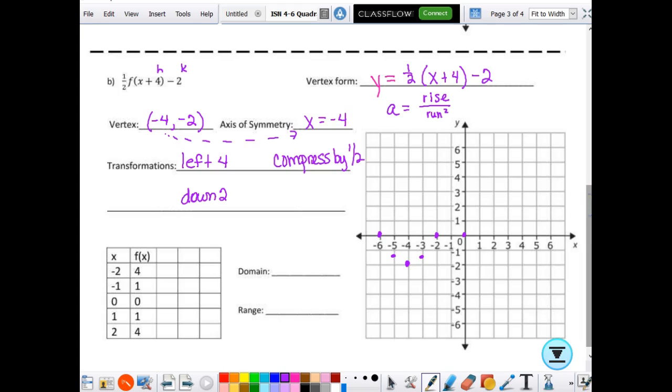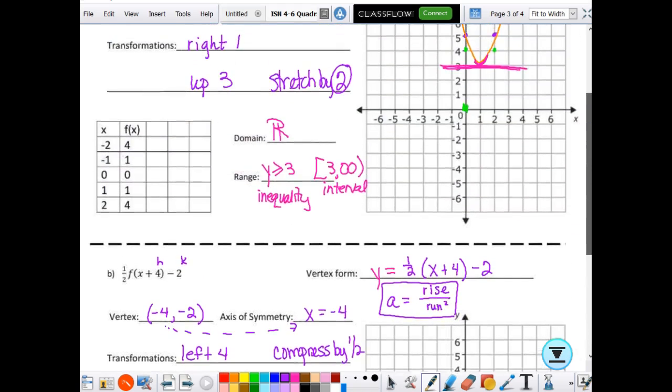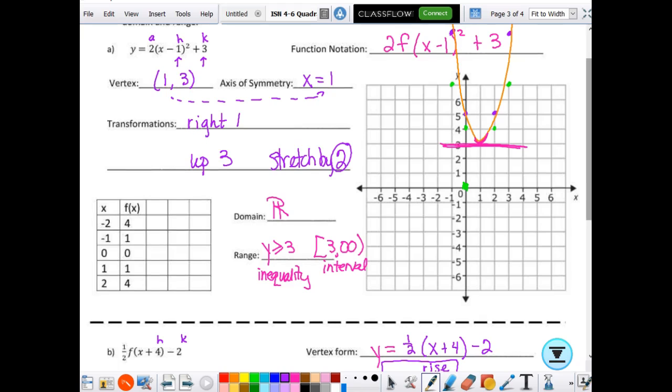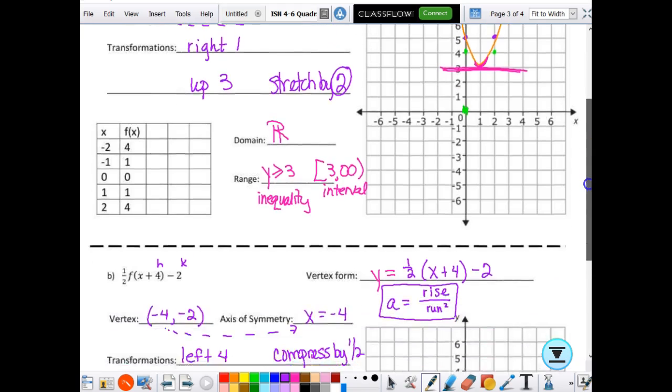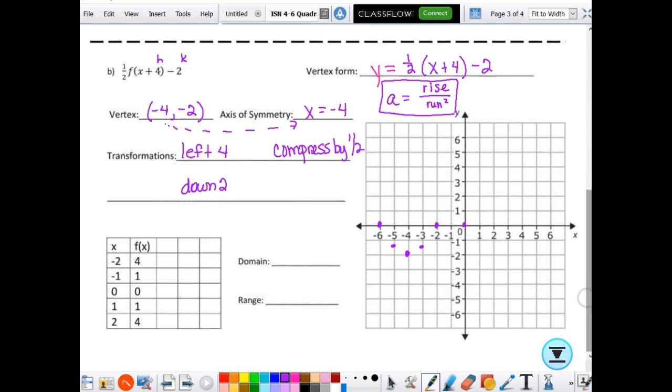But you might want to write this down just to have it. I think we could do it better with this one. The rise over the run squared: we'd have to square 2 and get 4. I'll play with that later, maybe come back and do a separate video to help you out with that. Okay, so we got this compression.